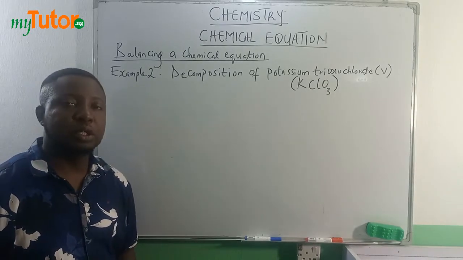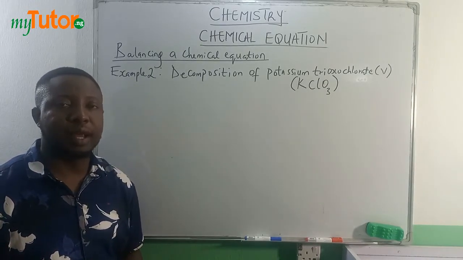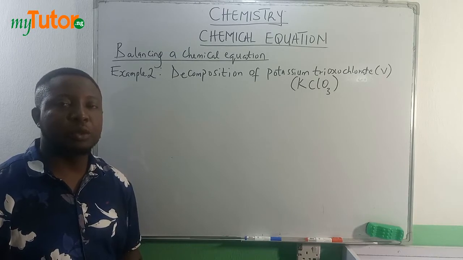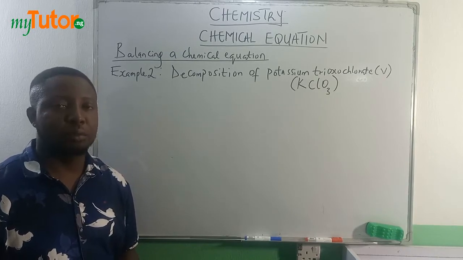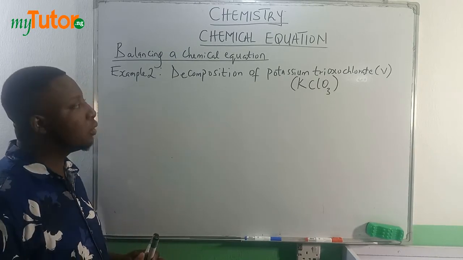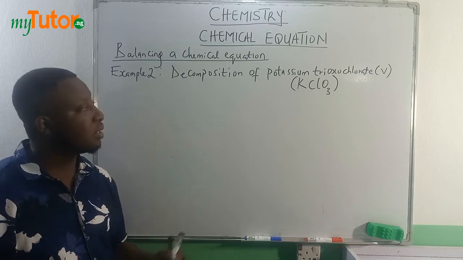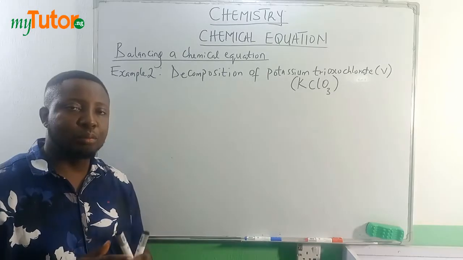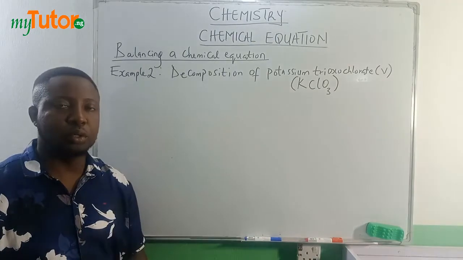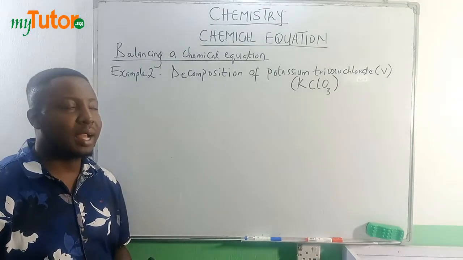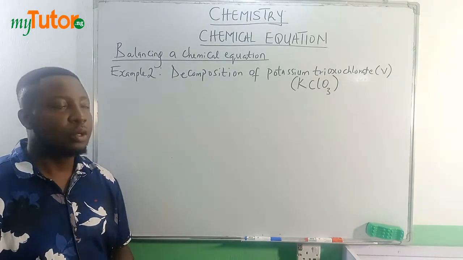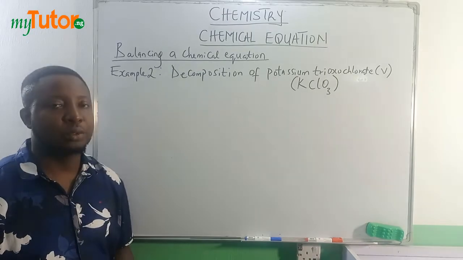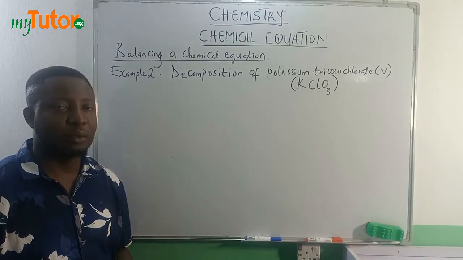And the decomposition of potassium trioxochlorate(V) gives us potassium chloride and oxygen molecule. So in this reaction, our reactant is the potassium trioxochlorate(V), which is being decomposed to give us two products, the potassium chloride and the oxygen molecule. So let's represent this reaction using a chemical equation.